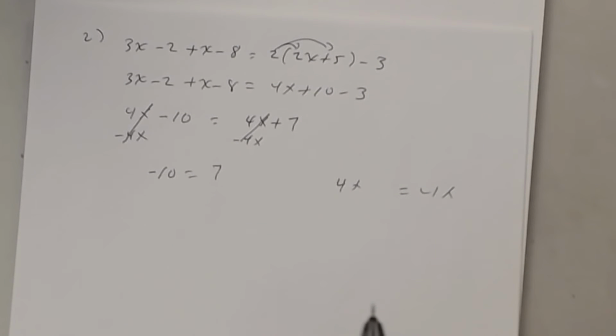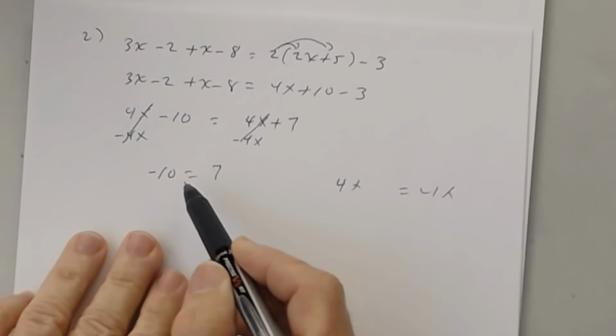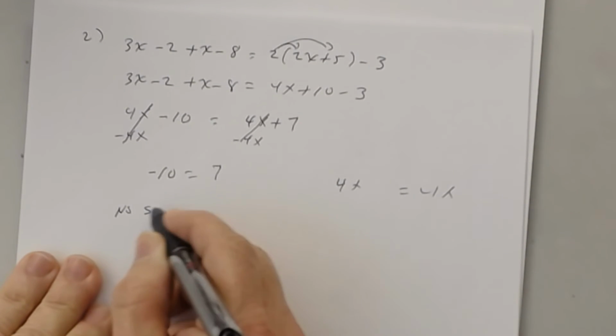Then on the other side, I'm adding 7 to it. So is it balanced at all? No, it's not balanced. So this equation is never going to be balanced. So there's no solution. Whenever you get a false statement, the variables disappear, there are no solutions.